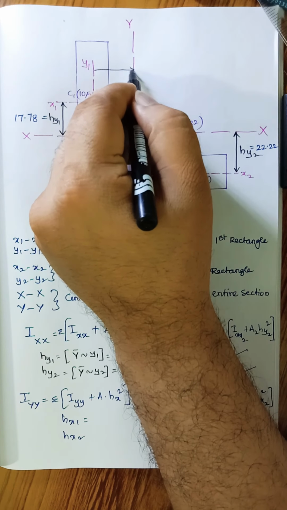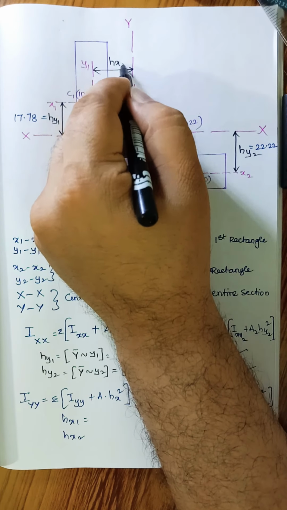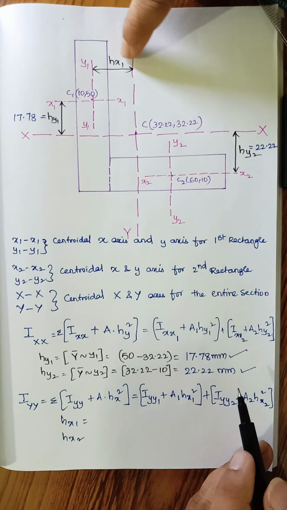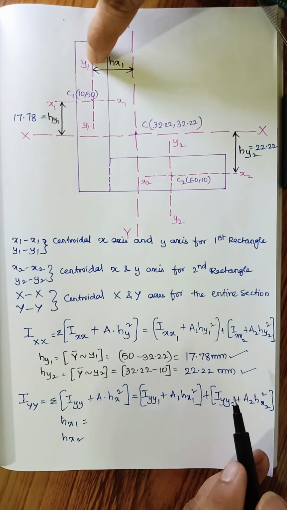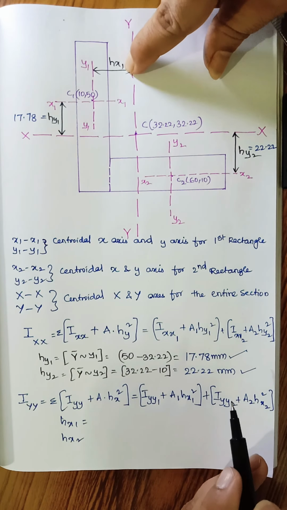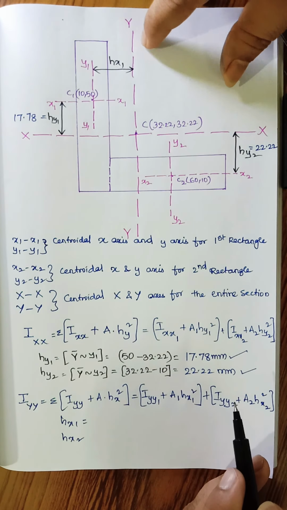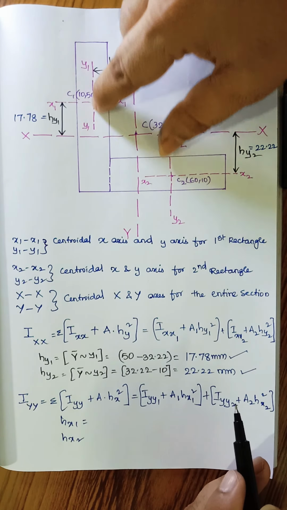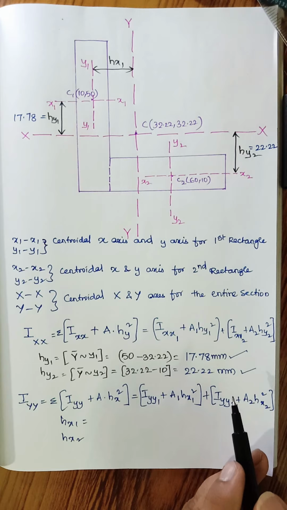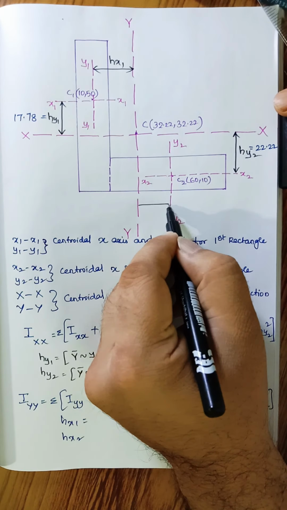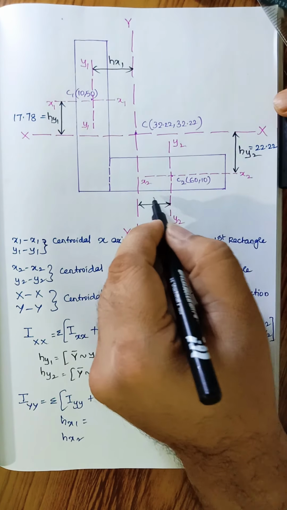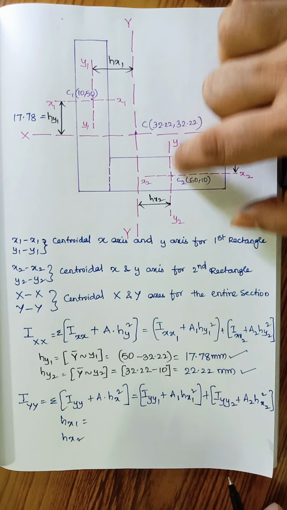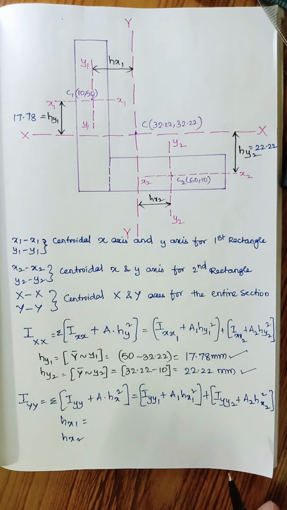Now this particular distance here, it can be taken as hx1. As you have already known, h is the distance between the axis, x refers to along which direction you are measuring it, and 1 refers to the first rectangle. It is the distance from the centroidal y-axis to the centroidal y-axis of the first rectangle. And similarly we have hx2. It is the distance from centroidal y-axis to the centroidal y-axis of the second rectangle.